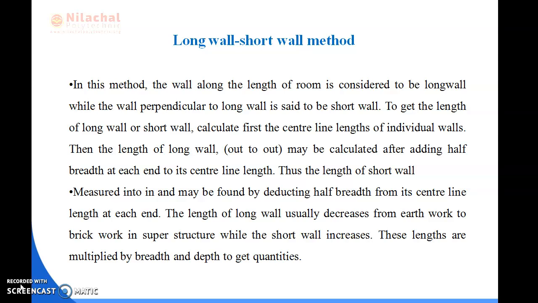Then for the length of the long wall, we consider out to out distance, which may be calculated after adding half breadth at each end to its center line length. Thus the length of the short wall, measured in to in, may be found by deducting half breadth from its center line length at each end.